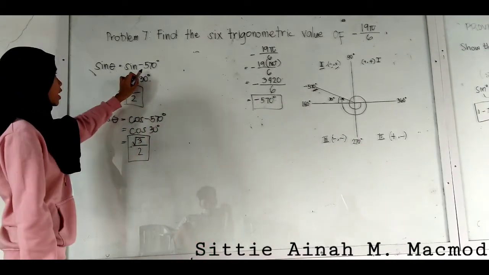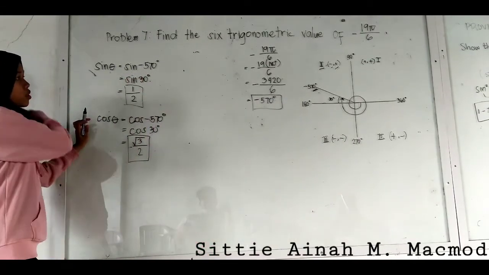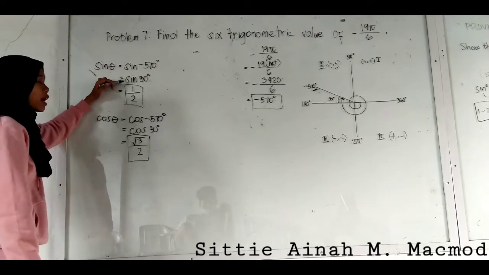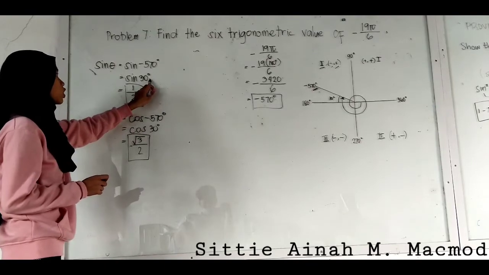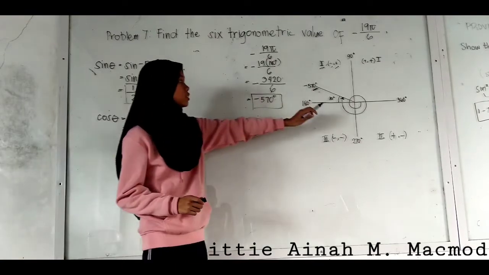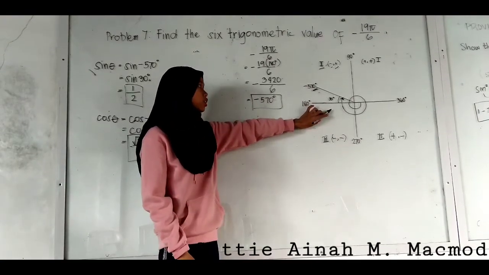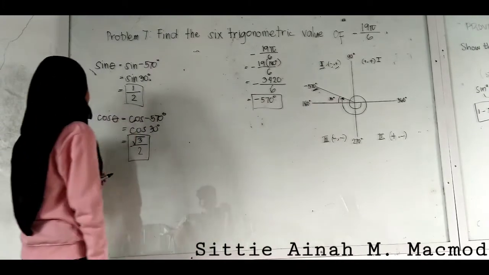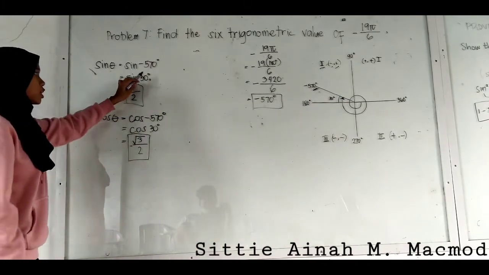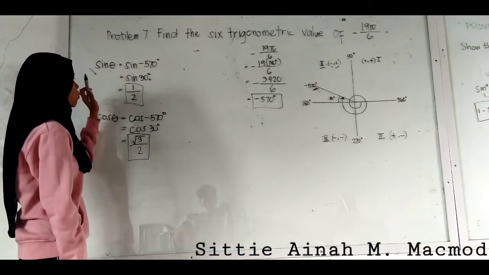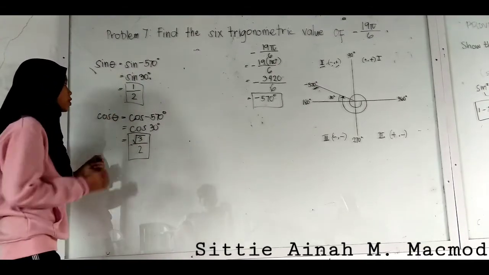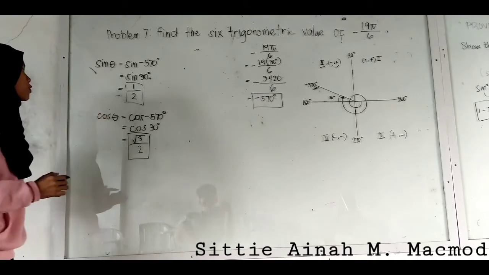So, sine of negative 570 equals sine 30 degrees. Ito nakuha natin sa reference angle natin sa Cartesian plane. Sine 30 degrees is equal to 1/2. So, 1/2 yung sine natin.